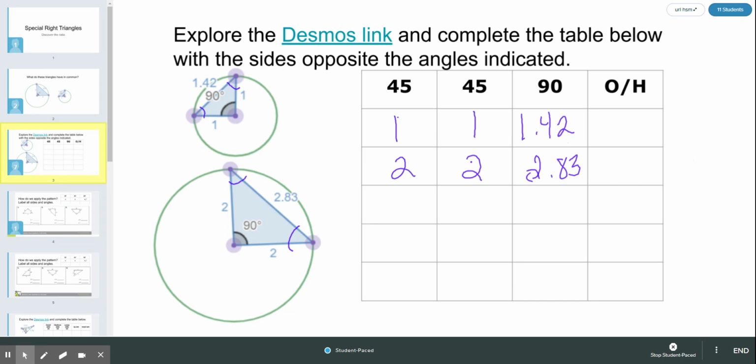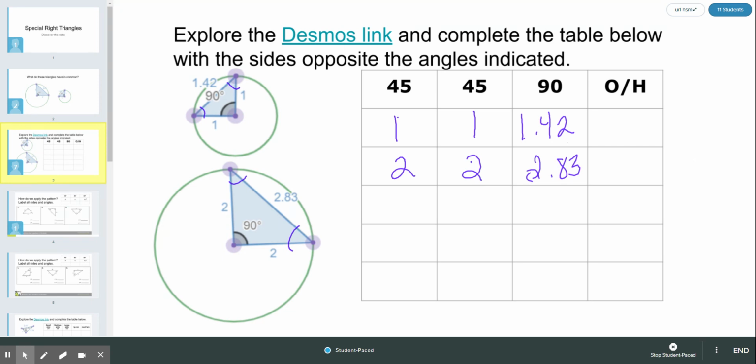Somebody put 5, 5, and 7.08 in the chat. 5.28, 5.28, and what was it? 7.48.